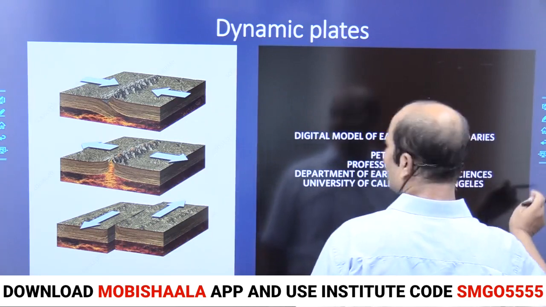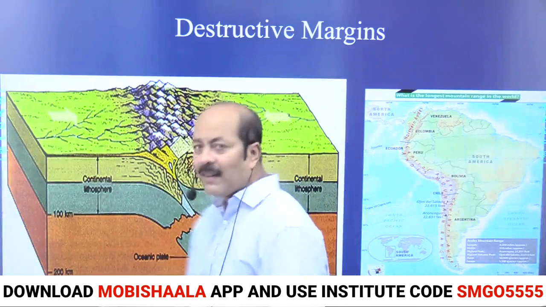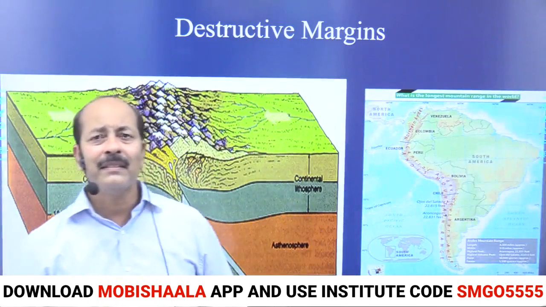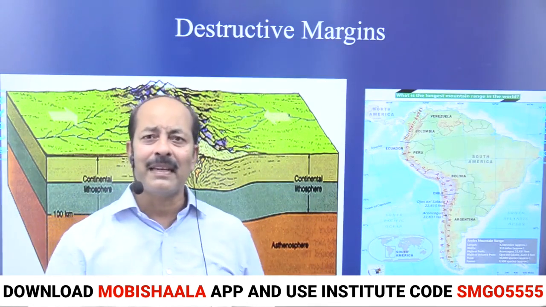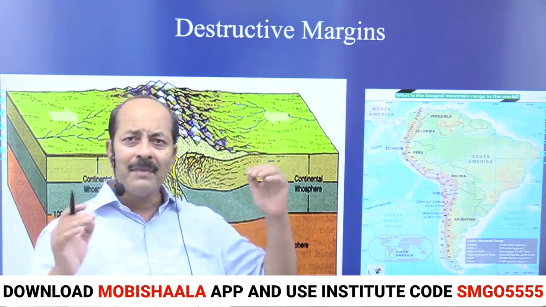We can go into the detail of this discussion later. Now we are going to discuss the dynamic plates, and the first example is the destructive margin or convergence plate.